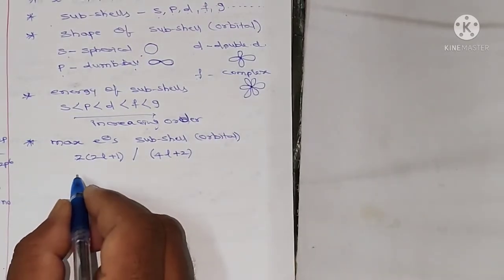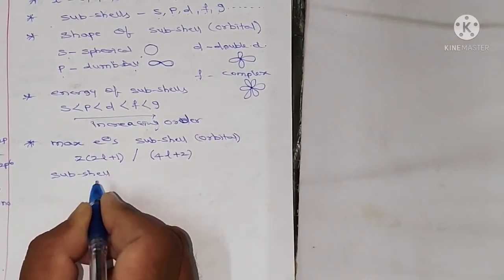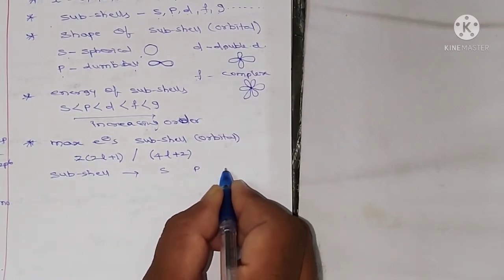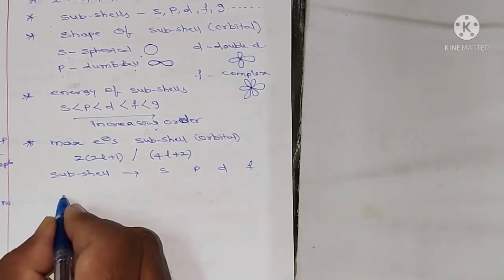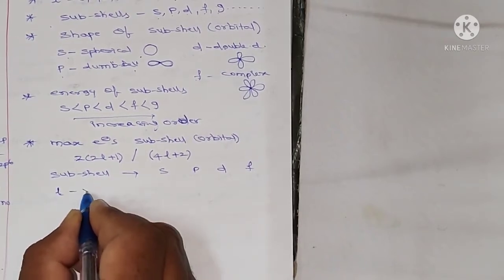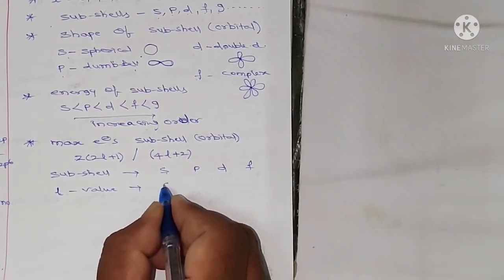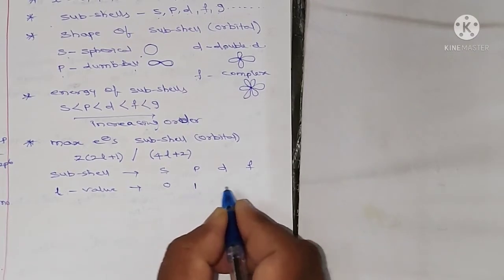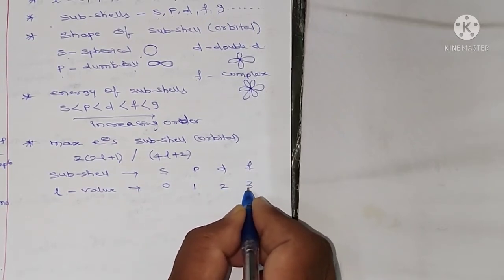Let me take some examples here. Subshell or orbital: s orbital, p orbital, d orbital and f orbital. Here I am taking l values: s orbital l value 0, p orbital l value 1, d orbital l value 2 and f orbital l value 3.